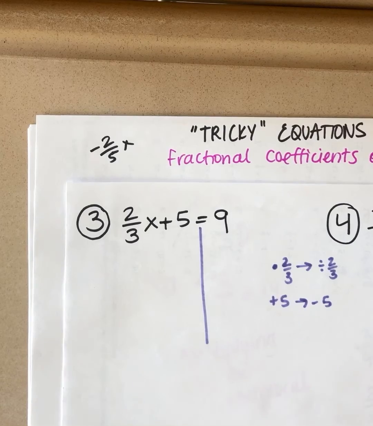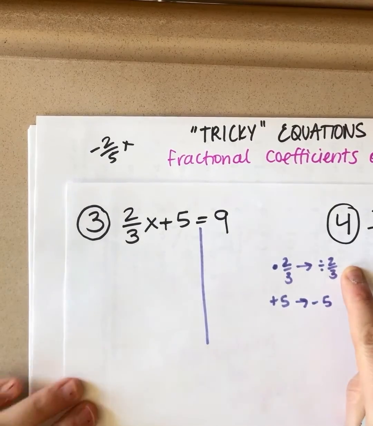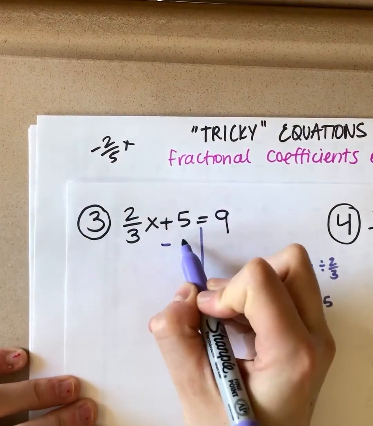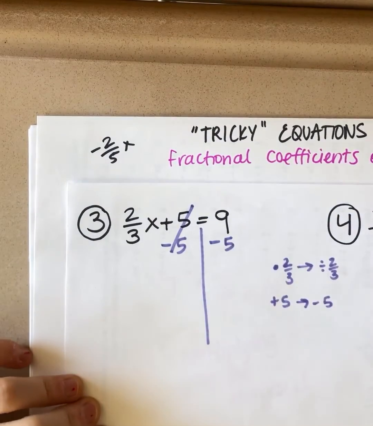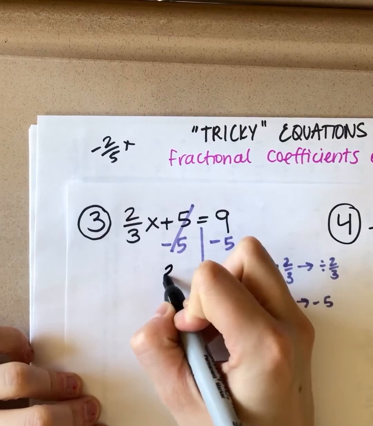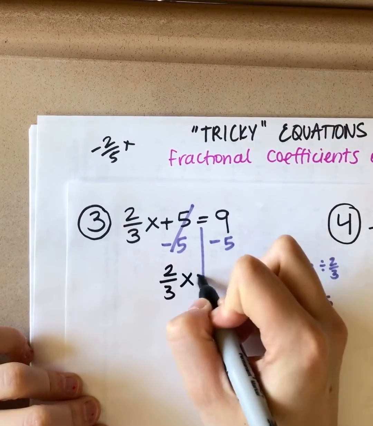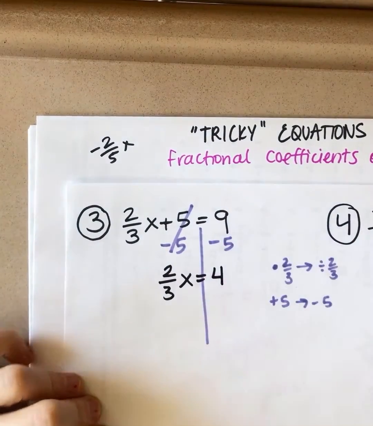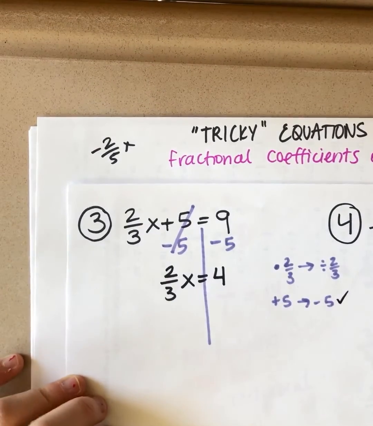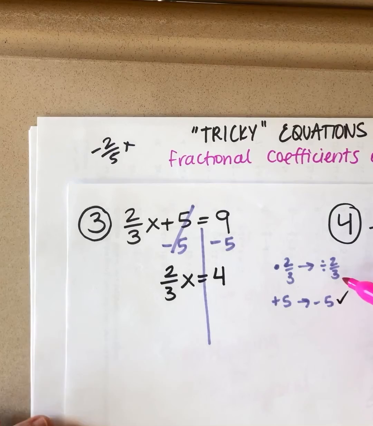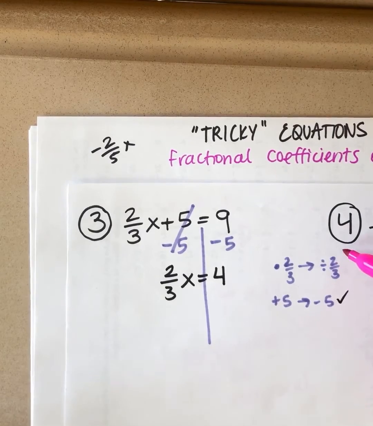I'll do the subtraction before the division, so I'm just going to get that step out of the way. Those cancel out, and I'm left with 2/3 of x balancing with 4.